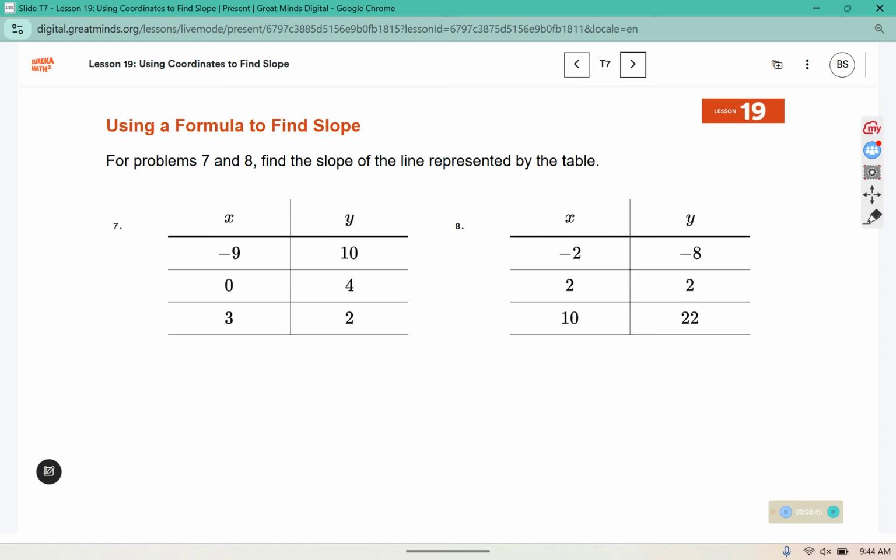For problems 7 and 8, find the slope of the line represented in the table. So we're going to subtract y2 minus y1. Then divide that by x2 minus x1.